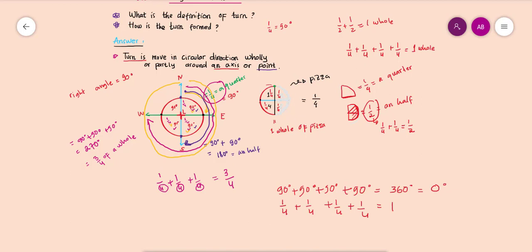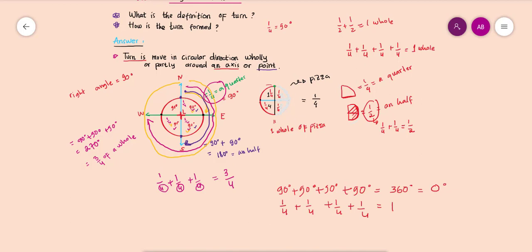And also half and a half is added to make one whole. Okay, everyone, because you already know that a half is the same as 180 degrees. So teacher Fia will end the lesson over here, and I will write for you all of the summary that we already know about this topic today. Okay, please wait for the summary. I will erase everything that I scratched all over because it will make you more confused.